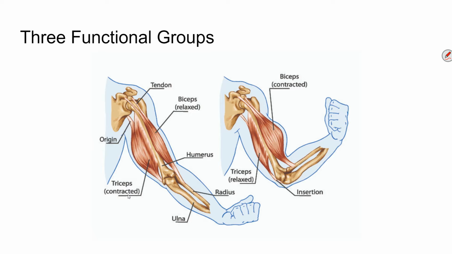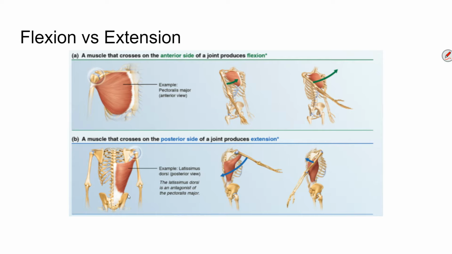And so just what do these words mean? Flexion, extension. And so we're going to talk about that too. Flexing means the definition here is crosses the anterior side of the joint. I mean, that's helpful if you're into that. The way I think about it is it makes the angle smaller.